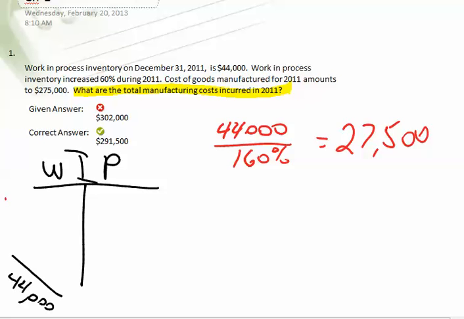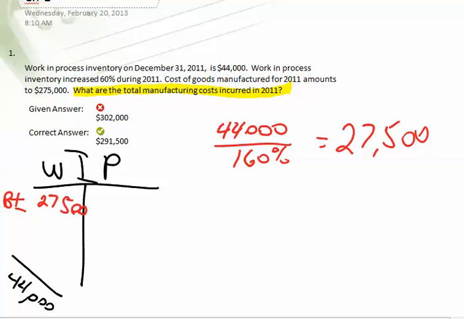So that tells me my beginning inventory is 27,500. It's now increased by 60%. If you multiply 60% times 27.5, you come up with that difference, and we end up with a $44,000 ending inventory.